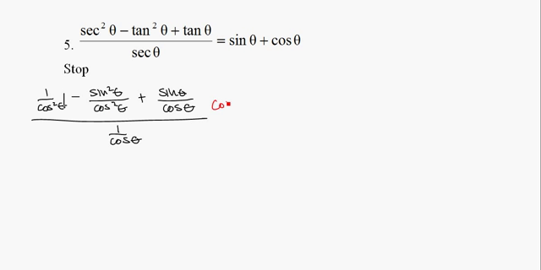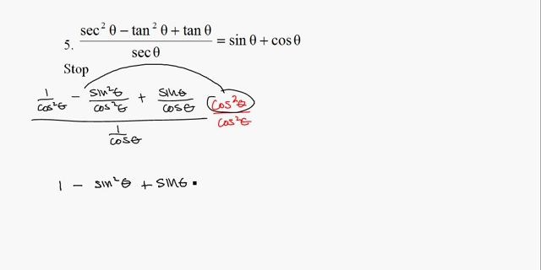So I'm going to multiply this one by cosine squared theta and this one by cosine squared theta. So when I multiply this by this guy over here, I get 1 minus sine squared theta plus sine theta. One of these cosines cancels out, so I get cosine theta all over cosine theta. That's equal to cosine squared theta.